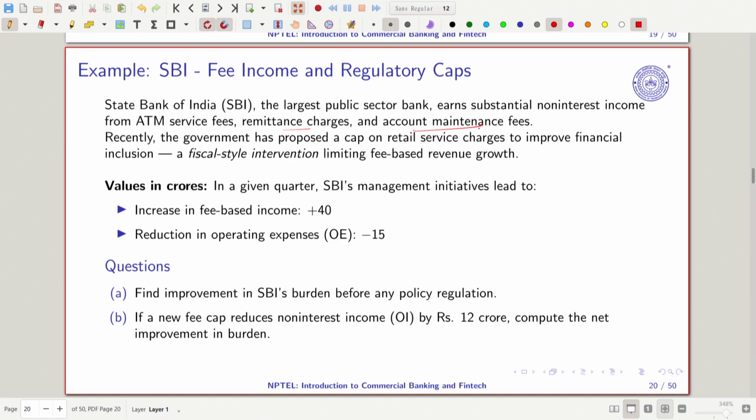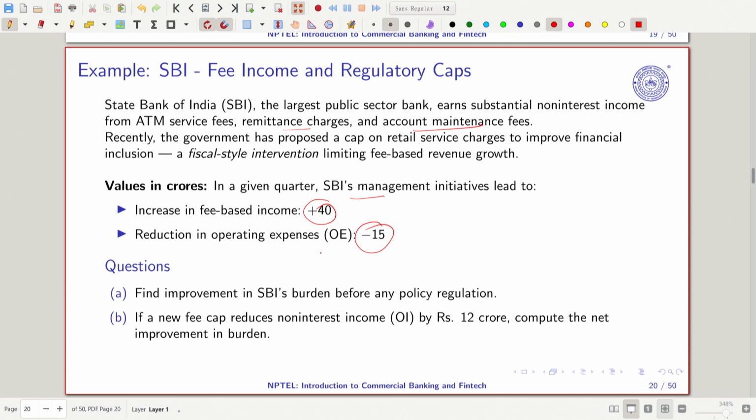Now, in crore, suppose SBI has an increase in fee-based income of 40 crore, and in operating expense they are seeing minus 15 crore. Which means that by 15 crore they are seeing a decline in expense, which is a good thing.